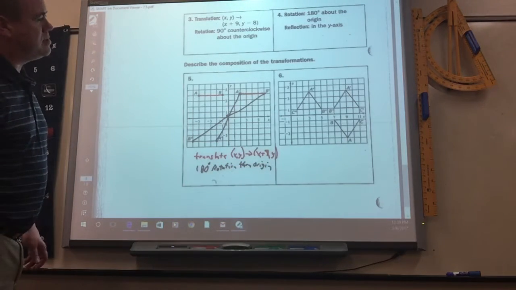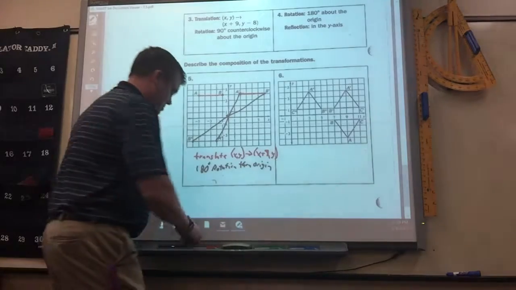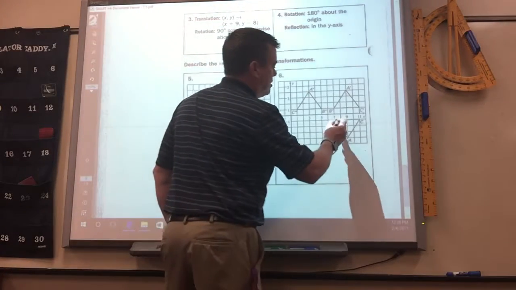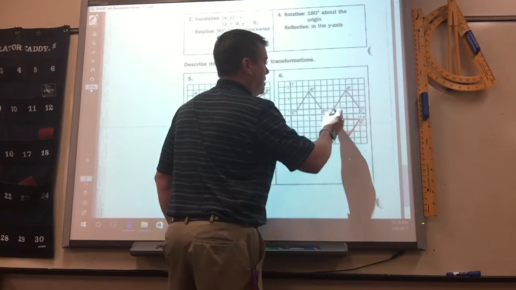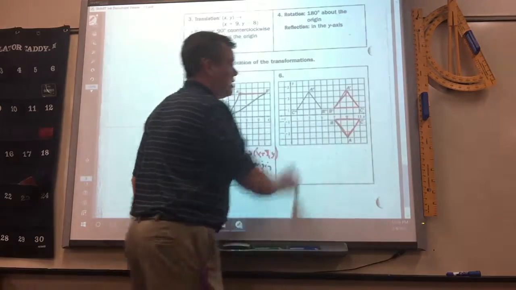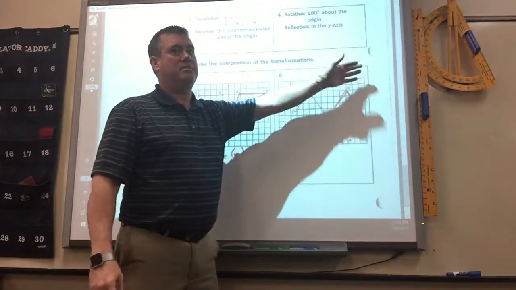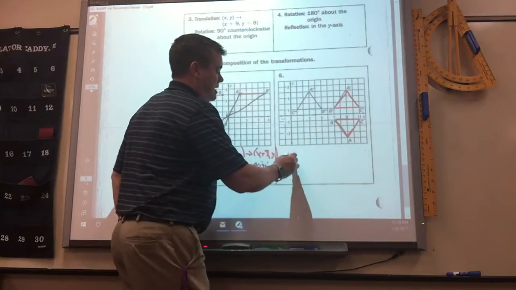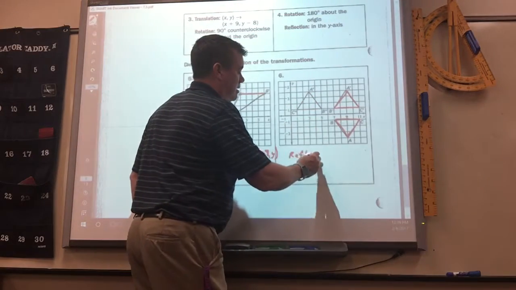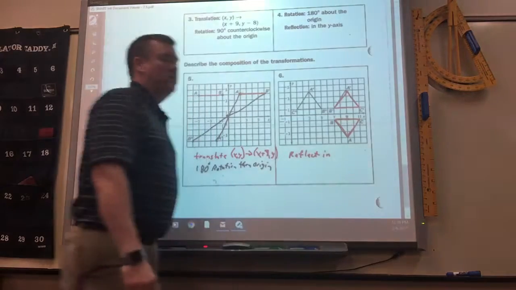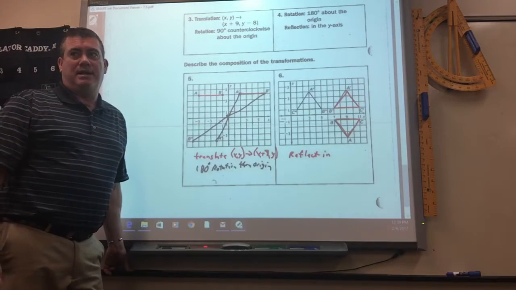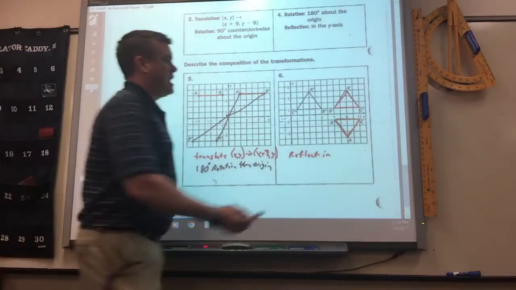Okay, this one is a reflection. So here's the original. It moved to there. So there you can see that is a reflection. So you'd say reflect in. So what is the line that it reflects over? The x-axis right here.